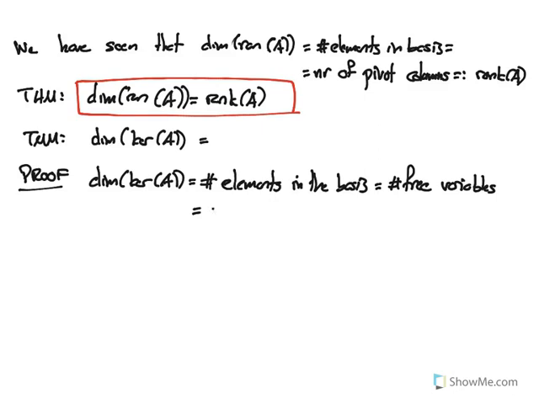And this is equal to n minus k, if A is of size m by n. So I should have perhaps written that early on. So that's right, A is m by n. I should have done that to start. And k is the rank.